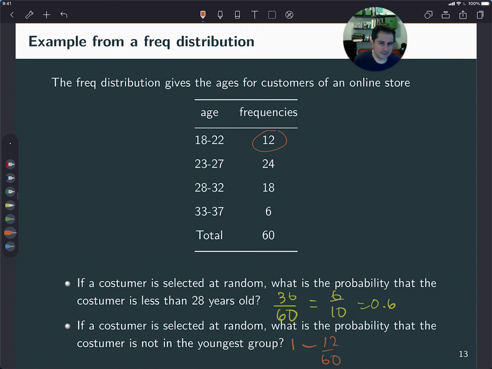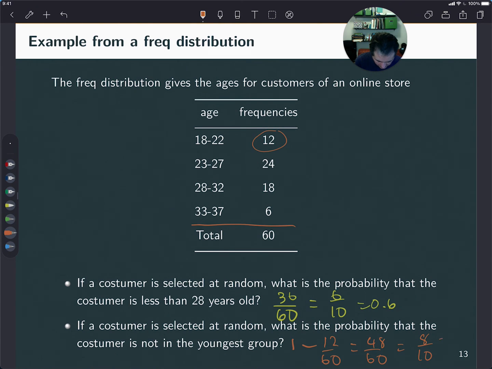You could have also added the other ones, but it's just to make the point that it's easier to do 1 minus 12. So it's 60 minus 12 is 48. And if you divide by 6, you get 8/10, 6 times 8 and 6 times 10. So 0.8.